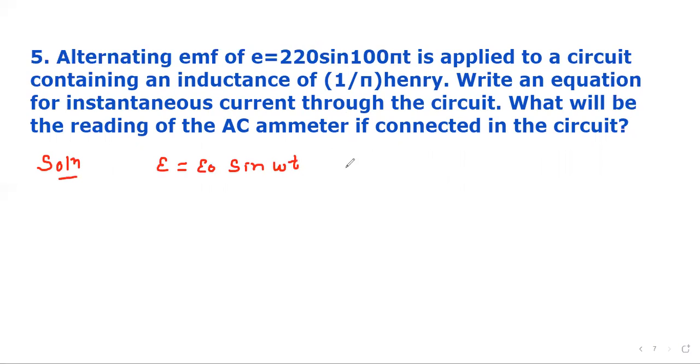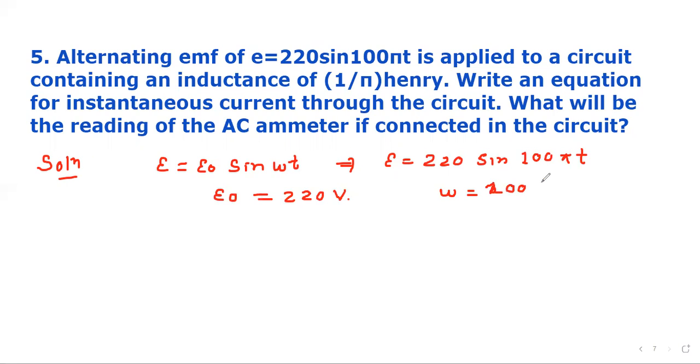So from here we can write E equal to 220 sine 100 pi t. So if we compare, E0 is 220 volt and omega equal to 100 pi and omega equal to 2 pi f. So 100 pi, pi will cancel out, from where we will get f equal to 50 hertz.